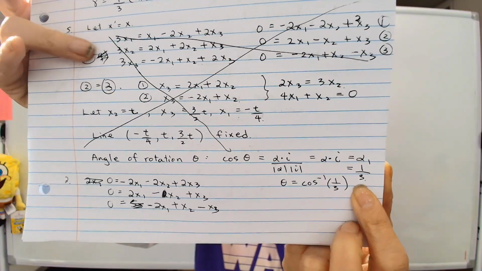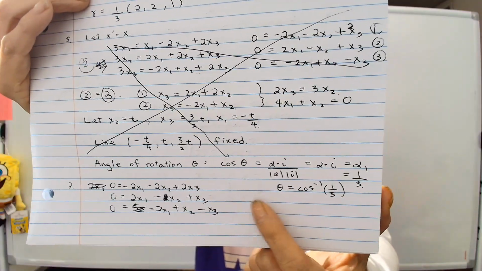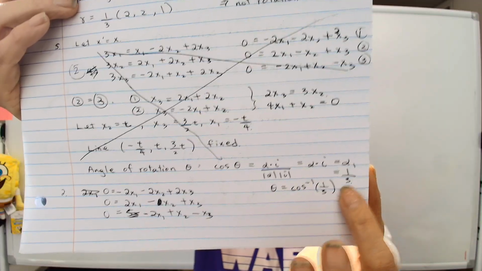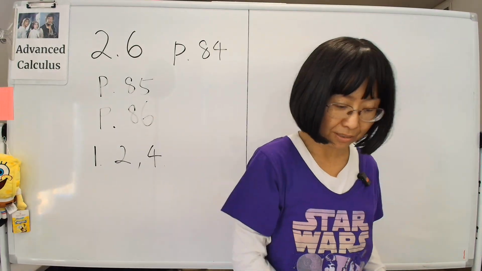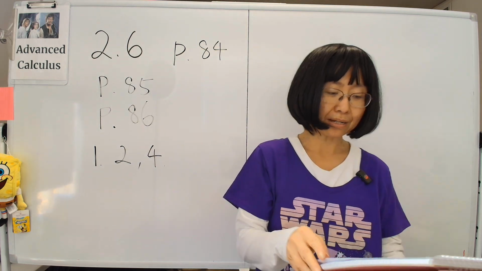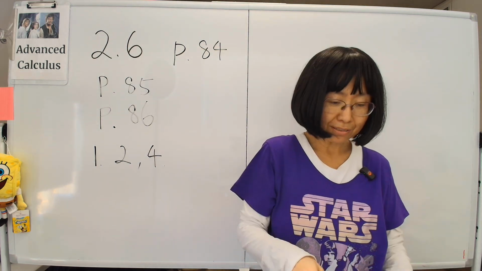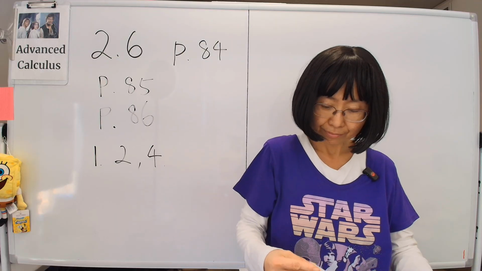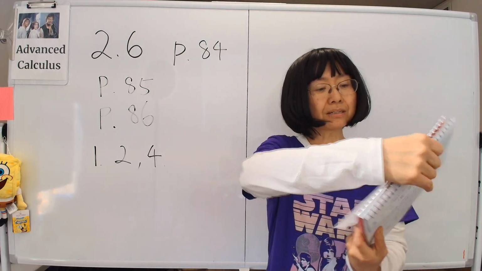Anyway, I made a mistake here, which is why I'm doing that. Calculate the angle first, but the numbers are given, okay? Theta is cosine inverse of 1/3, which is also the answer at the back of the book. So now let's talk about how to calculate the axis of rotation. Let's see.